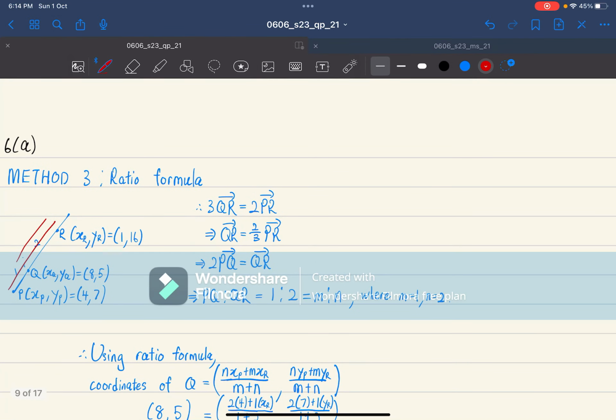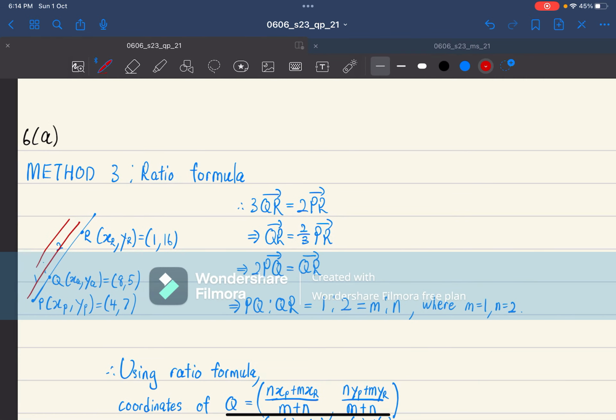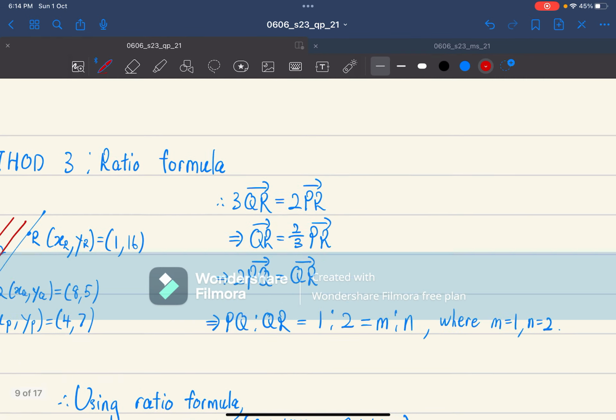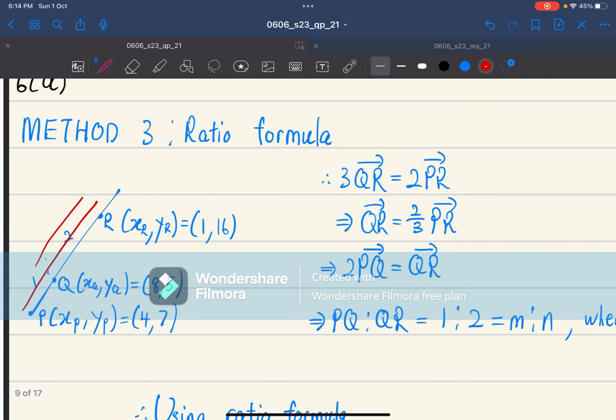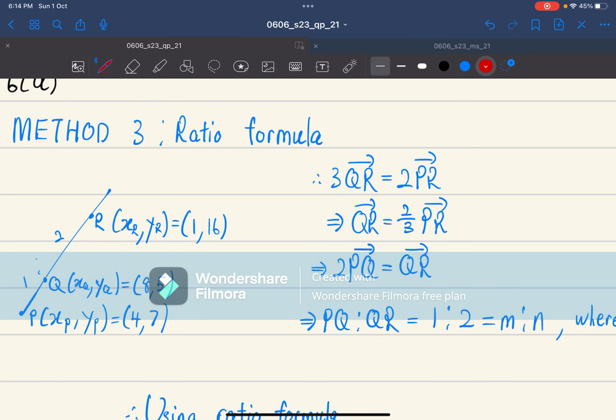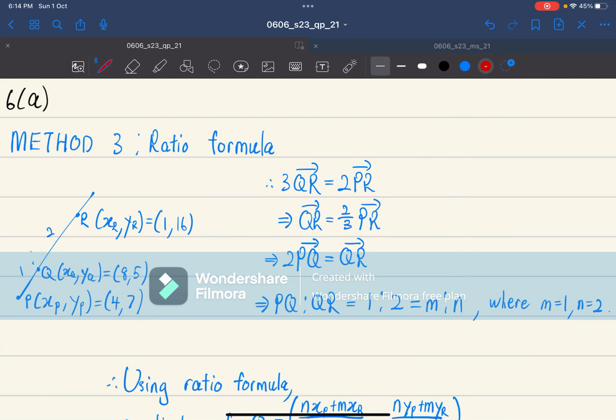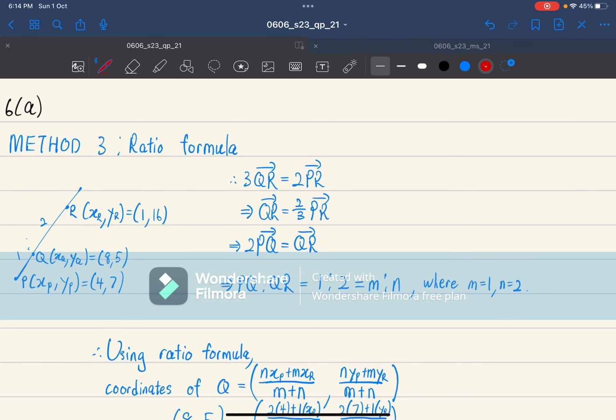So, yeah, this question has 3 methods. Method 3 is probably the hardest to figure out, because you have to be good at using ratios, and you also have to be really good at imagining what's going on for the points between everything in this line that contains P, Q, and R, to be able to differentiate the ratios between everything.